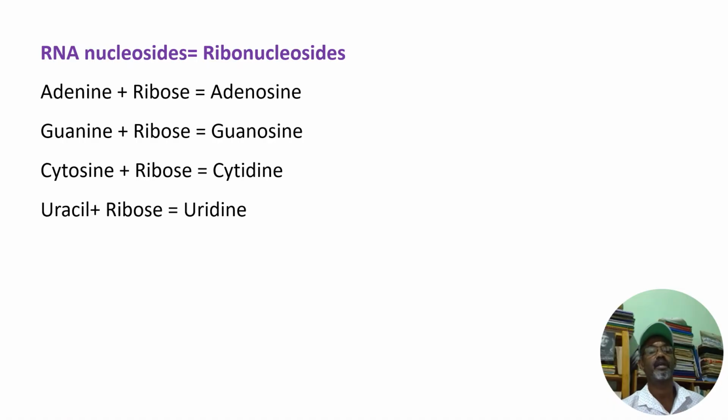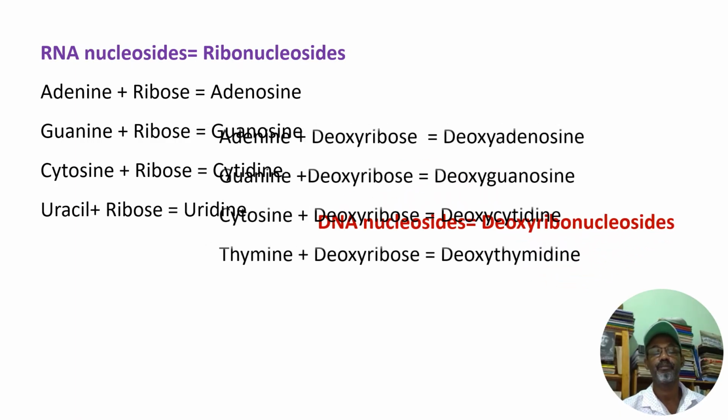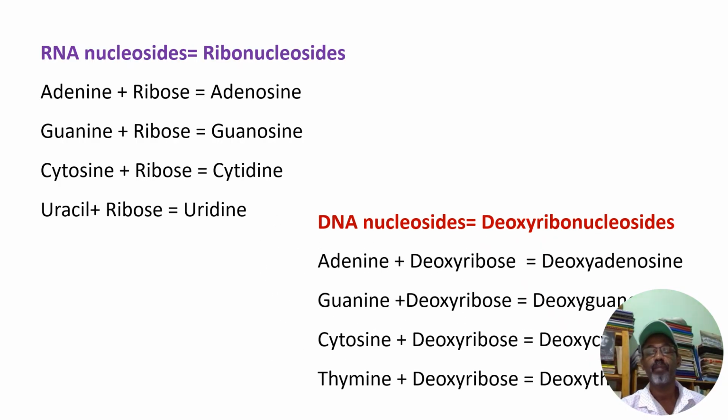You can have these RNA nucleosides, which are known as ribonucleosides: adenine plus ribose, adenosine; guanine plus ribose, guanosine; cytosine plus ribose, cytidine; uracil plus ribose, uridine. When it comes to DNA nucleosides or deoxyribonucleosides, this is the way you name. Adenine plus deoxyribose, deoxyadenosine.